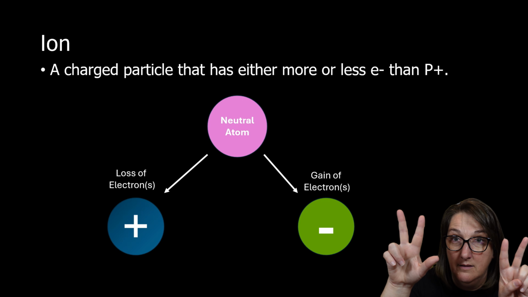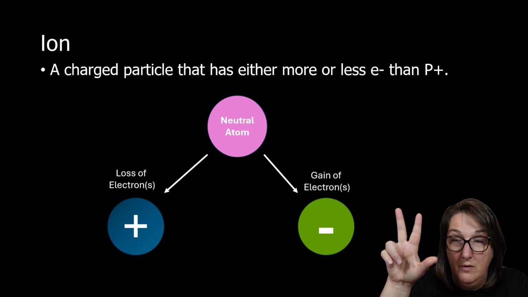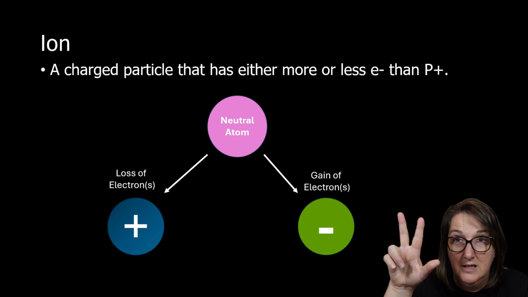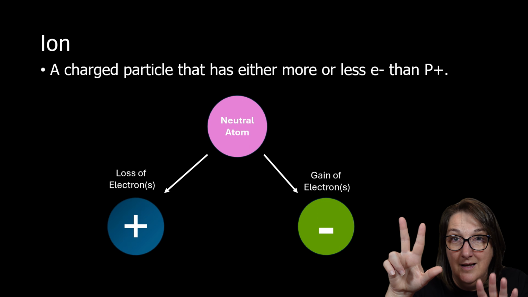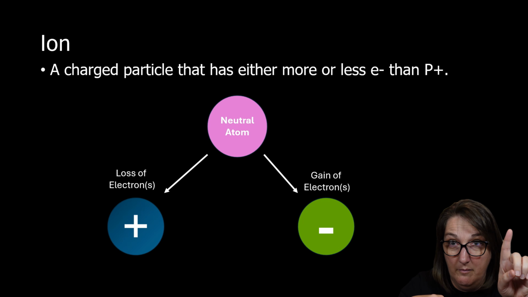I'm more positive by 1. If I have 3 protons, because again, remember, protons is what makes lithium lithium. If I change this number, I've changed my element. If I have 3 protons and 4 electrons, am I more positive or more negative? I'm going to be more negative by 1.